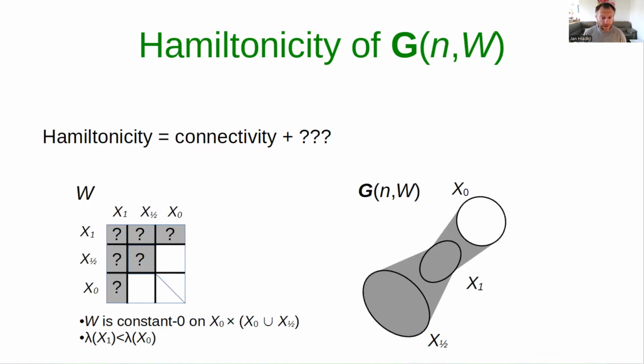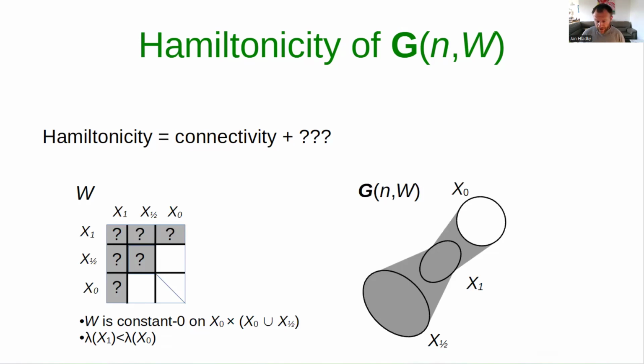Because W is 0 between x0 and x0 union x1/2, no edges will be generated in those regions. So that's the same argument as we had for the first obstruction for connectivity. Consequently, the only potential neighbors for the vertices in x0 lie in x1.